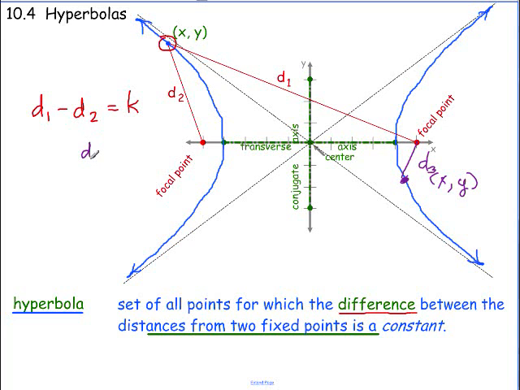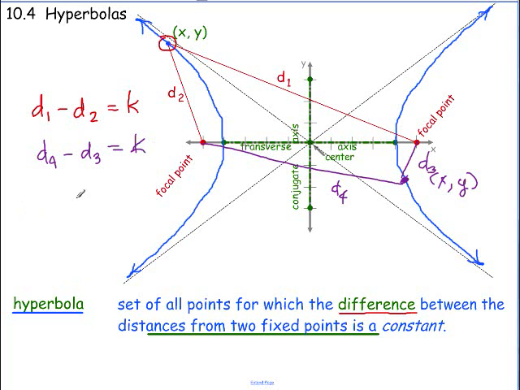This is the shorter one, and the longer one will be this one here. Call that D4. And so the longer one minus the shorter one is going to be equal to that.